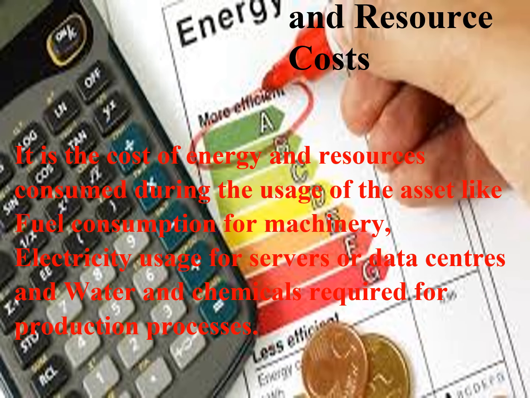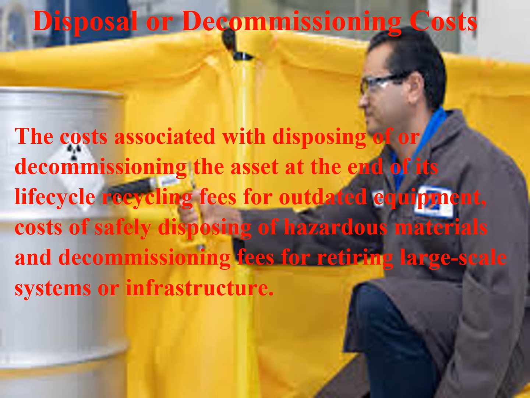Energy and resource cost. These are the costs of energy or resources consumed during the usage of the asset, like fuel consumption for the machinery, electricity usage for the server or data center, and water and chemicals required for the production process. Another cost we should consider while we are buying some equipment is called disposal or decommissioning cost.